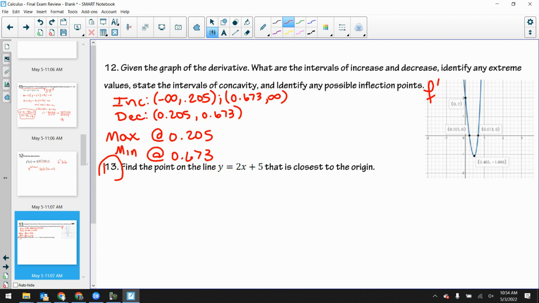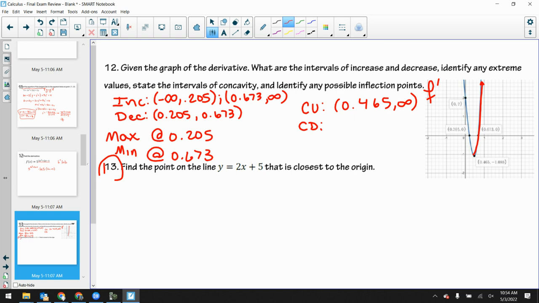Okay, intervals of concavity. Concave up. Where do I look to see if it's concave up or concave down on that graph? I got to see where it is increasing or decreasing on that graph, right? Because concave up is basically here, where it is increasing. 0.465 to infinity. Concave down, well, that's just where this function is decreasing.